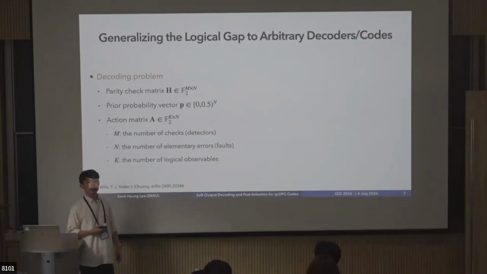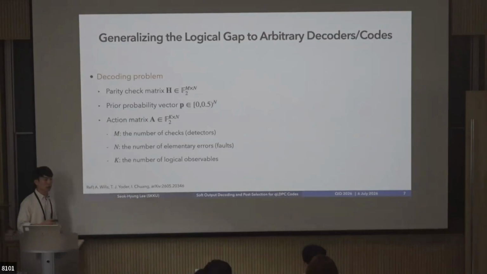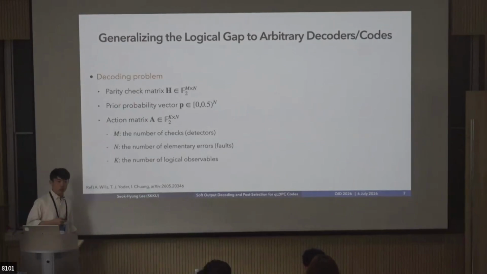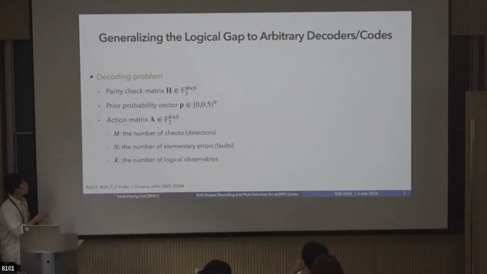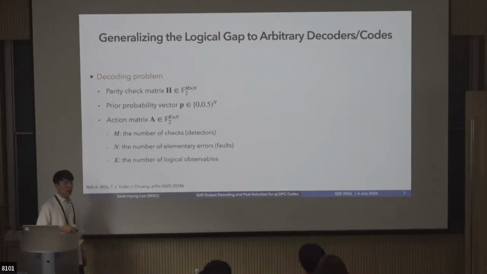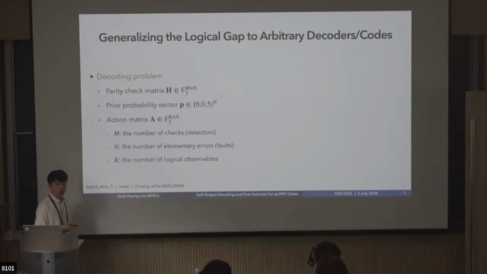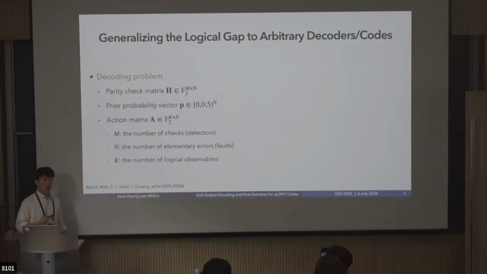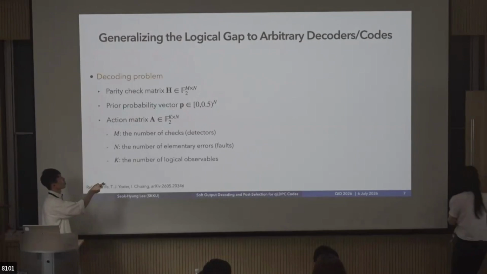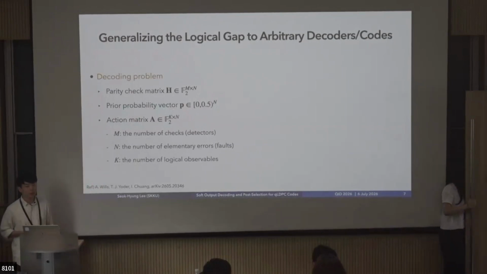Now, let's consider generalizing the concept of this logical gap to arbitrary decoders and codes. To do that, let's first mathematically formalize the decoding problem. The decoding problem can be identified by the parity check matrix, where each column corresponds to an individual error mechanism, which means that the noise model is such that each individual error mechanism occurs with a probability given by each element of this probability vector.